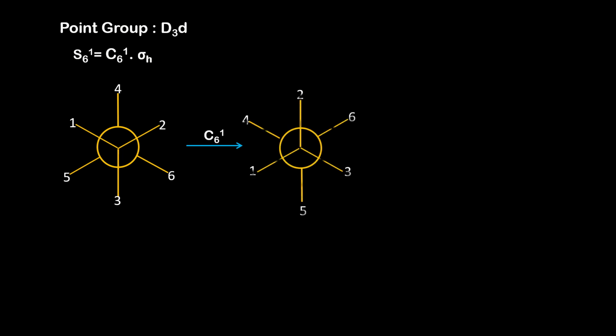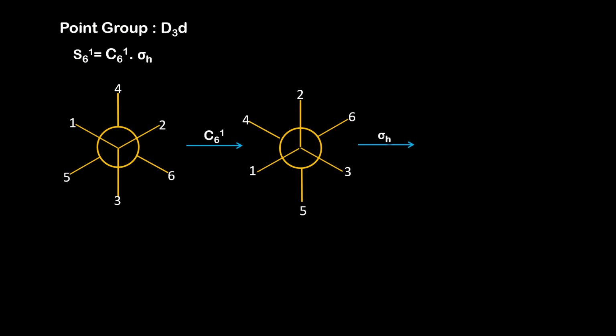S6^1 is equal to first C6^1 into sigma h, which we will apply to the ethane molecule. This is the orientation of the staggered ethane molecule. First we rotate it by the C6 rotational axis. Here an anti-clockwise rotation is given.